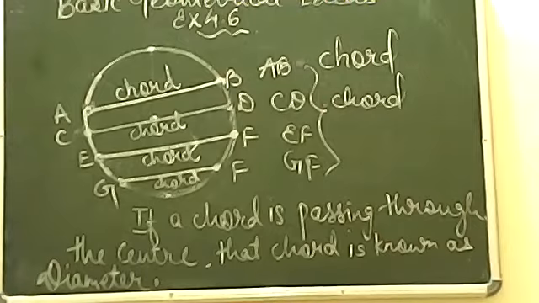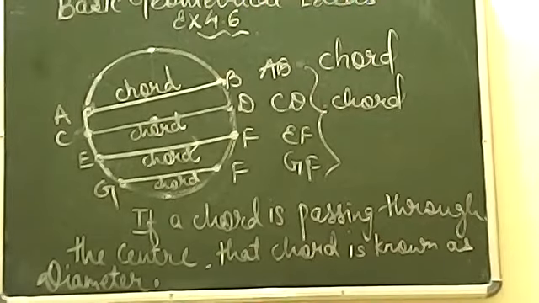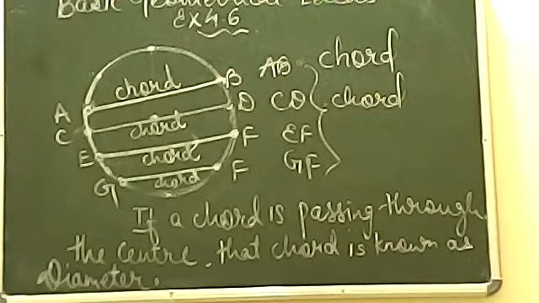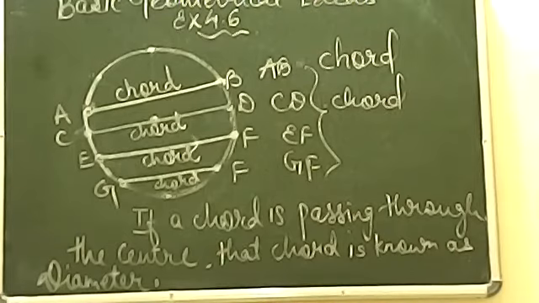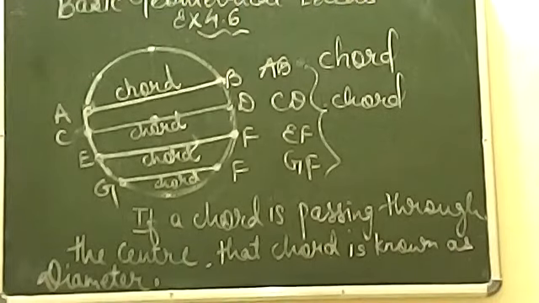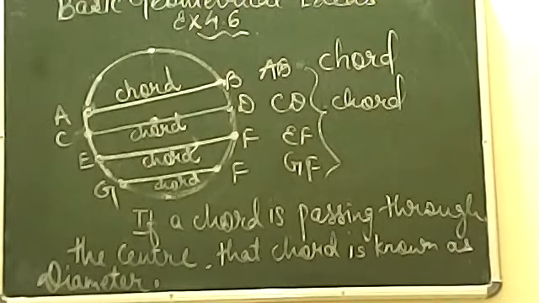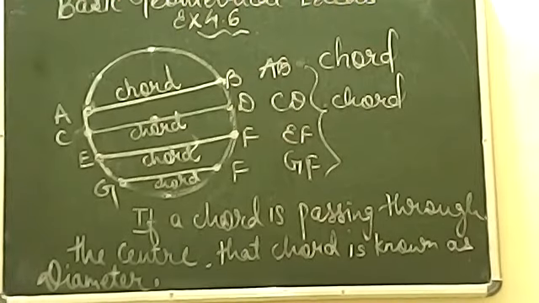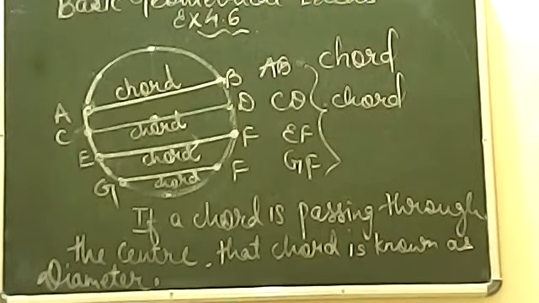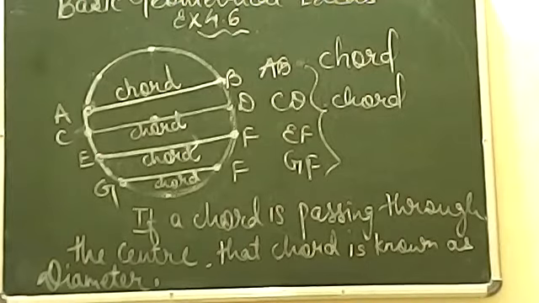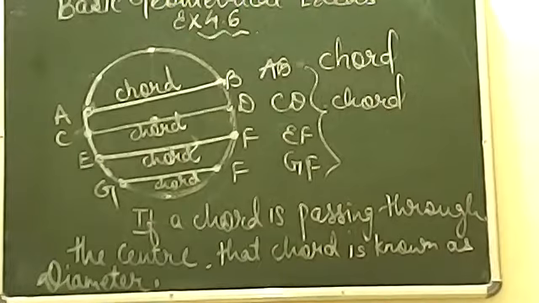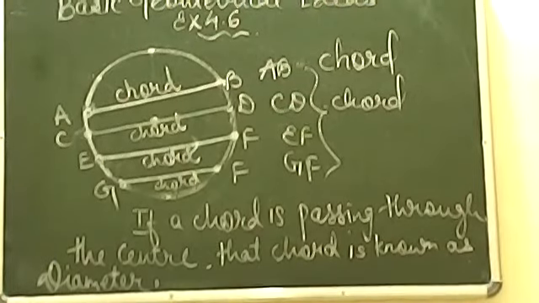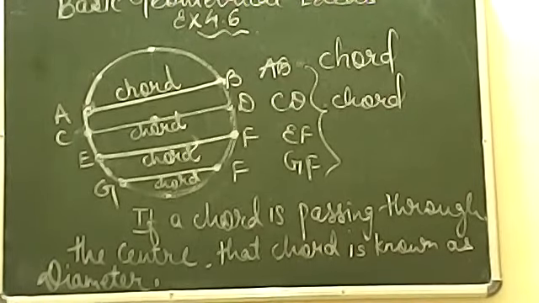If you take 2 points on the circumference and when you join them, the line segment formed is called chord. CHORD. If your chord is passing through the center, that chord will be known as diameter.